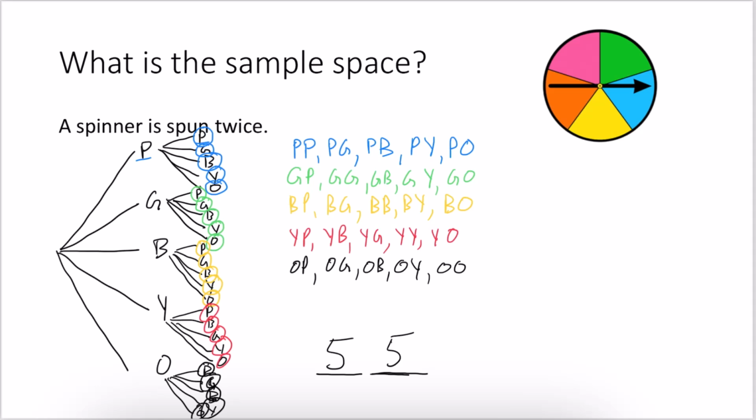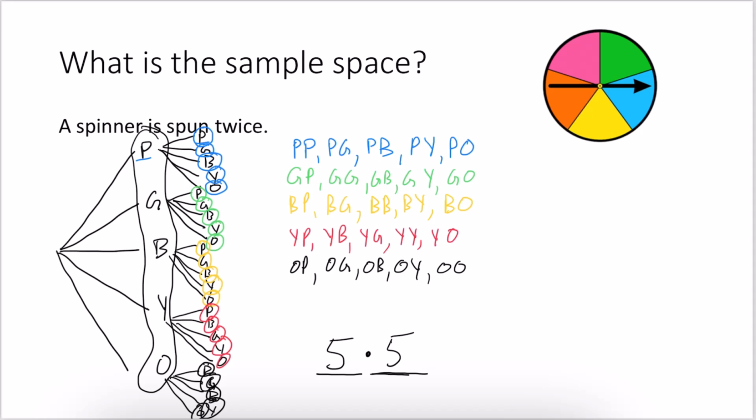The reason why you multiply these numbers together is because if you look at the choice tree, we had 5 outcomes to start with our first spin, and then each one of those branched out into 5 options. That made it so there were 25 branches in the tree altogether, because we had 5 branches which each branched out into 5.